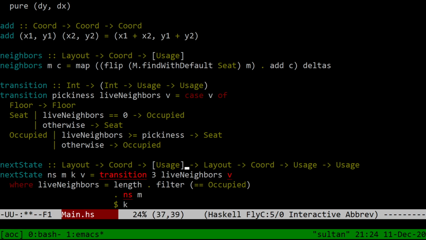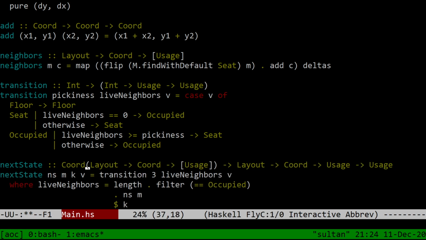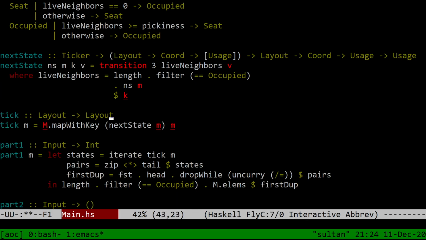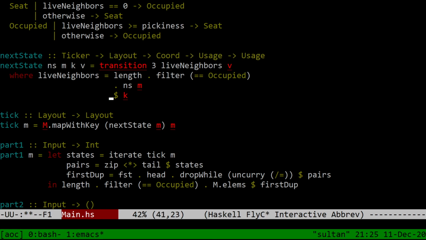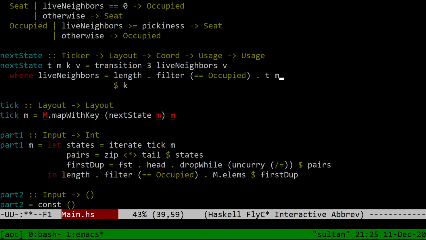Nope, hang on. I guess I never actually put the word ticker into my base buffer? Okay. I wrote it twice. There you go. I guess we'll call this T now that I've got a name for it. Ends the neighbors thing seems a little dumb. And we can squeeze this all onto one line reasonably comfortably now, I think.